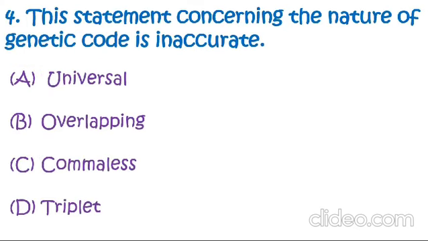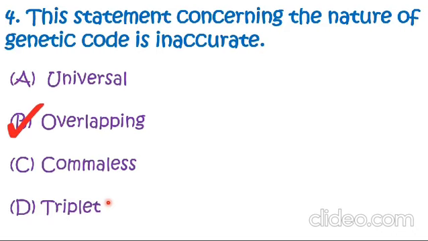So moving toward question number 4. This statement concerning the nature of the genetic code is inaccurate. The question here is which is inaccurate, not accurate. Our options are: A, universal; B, overlapping; C, commaless; D, triplet. So our correct answer over here is option B, overlapping.